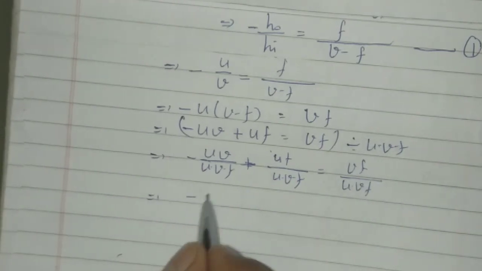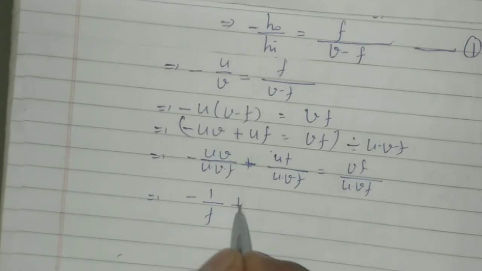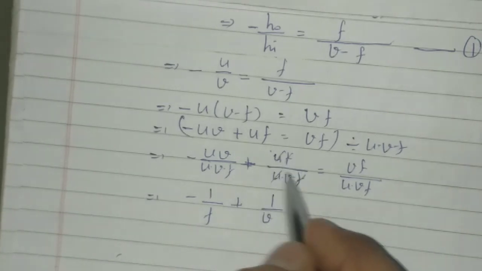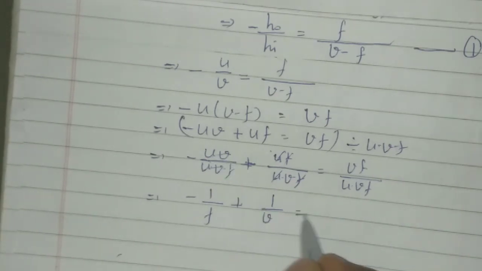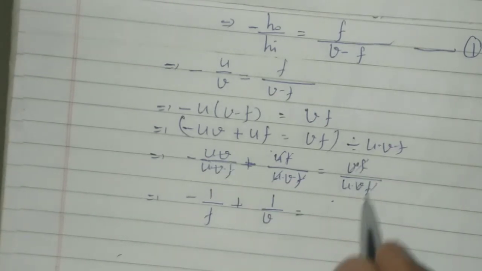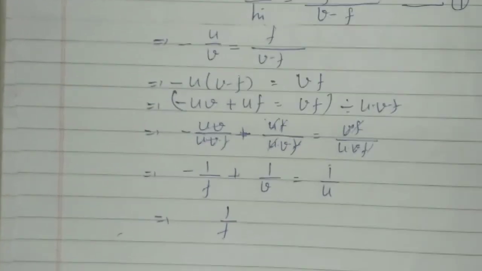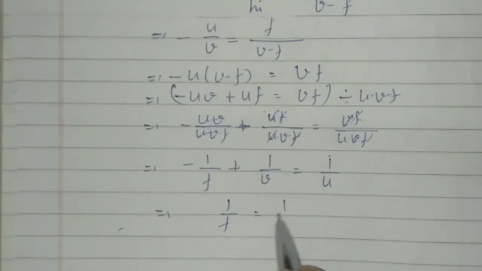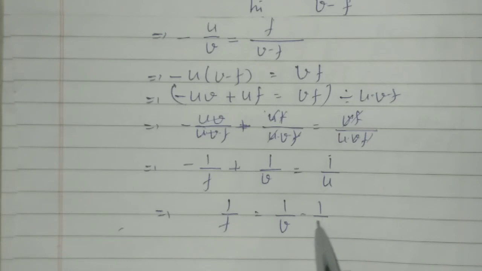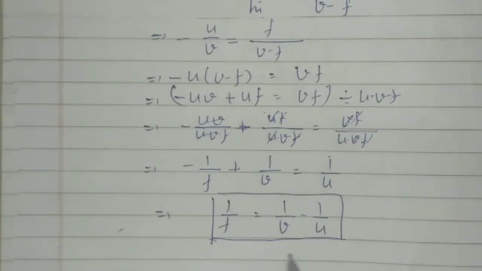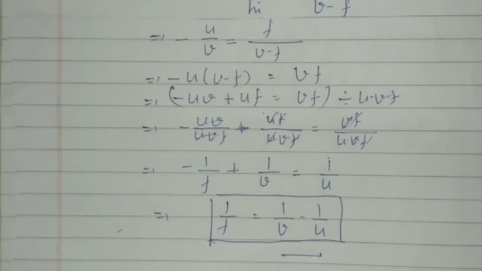Then we will have minus 1 upon F plus 1 upon V is equal to 1 upon U, where U cancels with U, F with F, UV with UV, V with V. Now 1 upon F going to the other side will be positive, and 1 upon V coming to this side will be minus. Then we will have 1 upon F is equal to 1 upon V minus 1 upon U. And this is our lens formula.